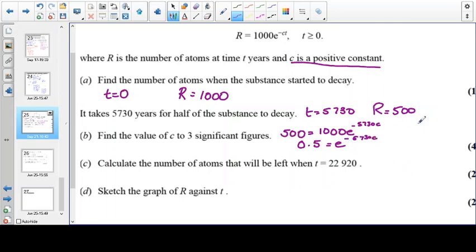This is in exponential form, so now if we go to log form, it's going to be log to base e of 0.5 equals minus 5730c. And then if we divide by that, log of 0.5 divided by minus 5730, we will get our answer for c.